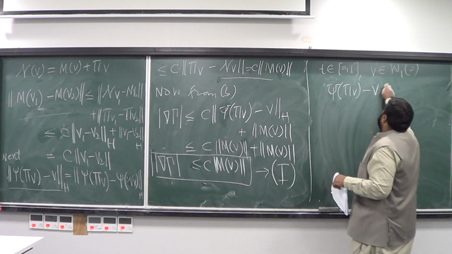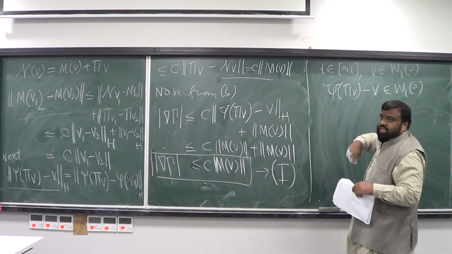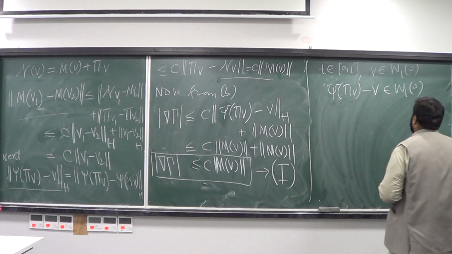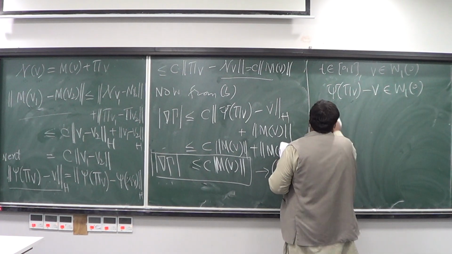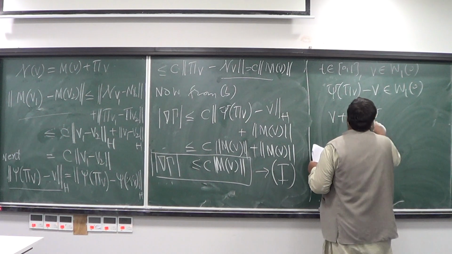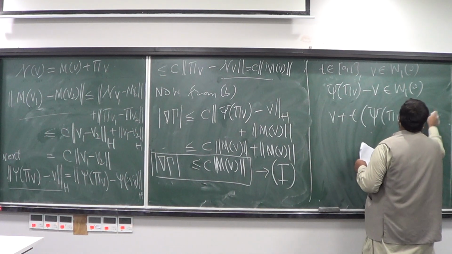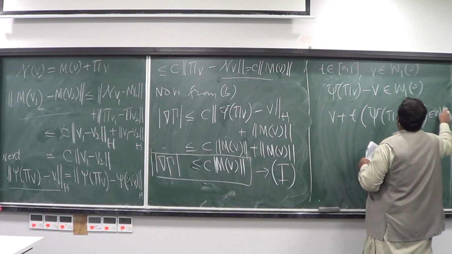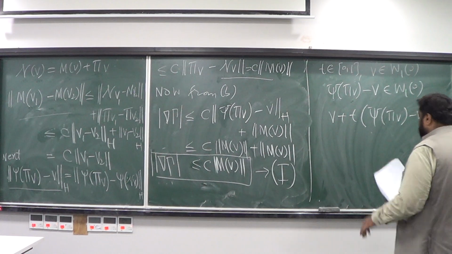So if they are elements in W1 of 0, then their convex combination is also going to be an element in W1 of 0. So I can say that v plus t times psi of pi v minus v is also an element in W1 of 0. Keeping in view this fact.